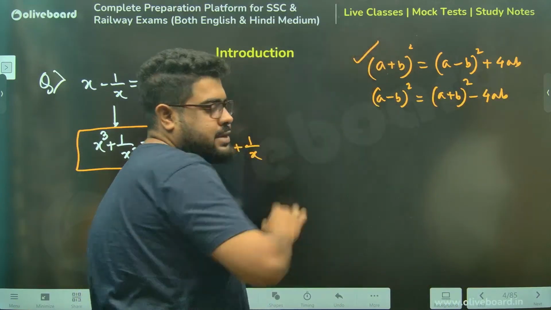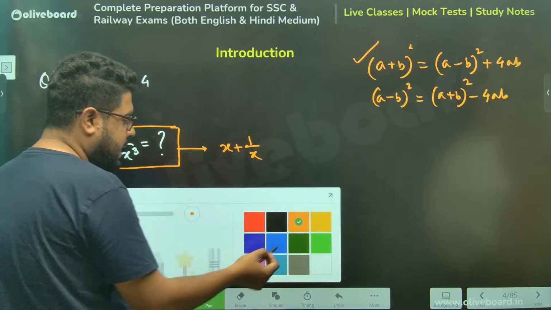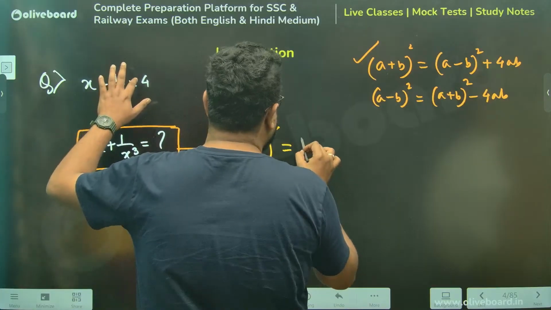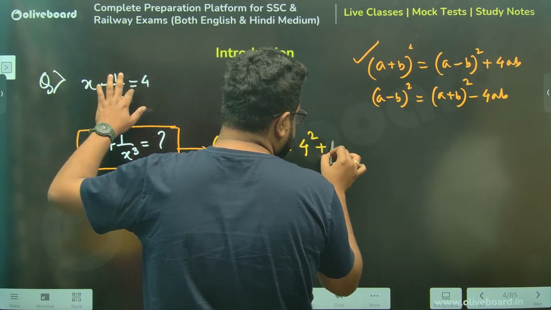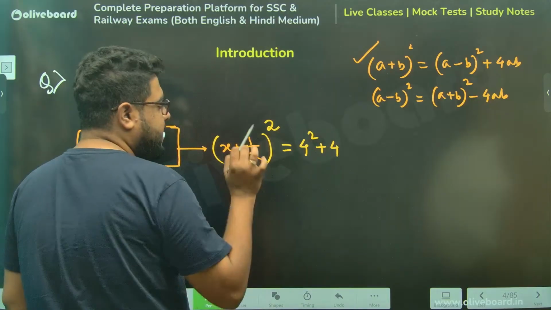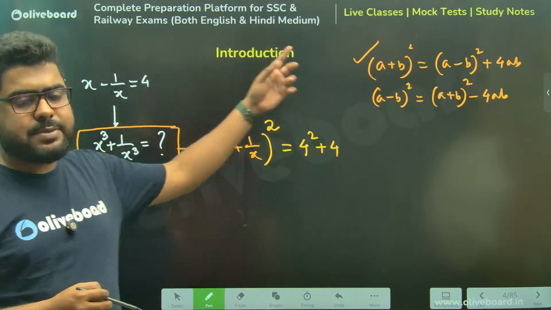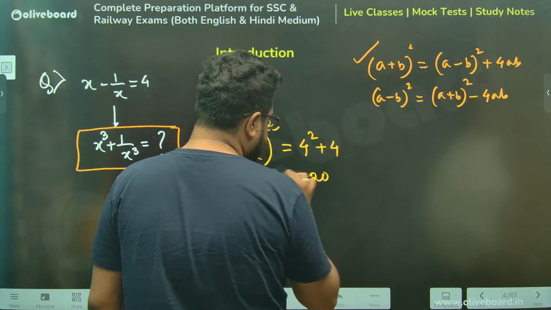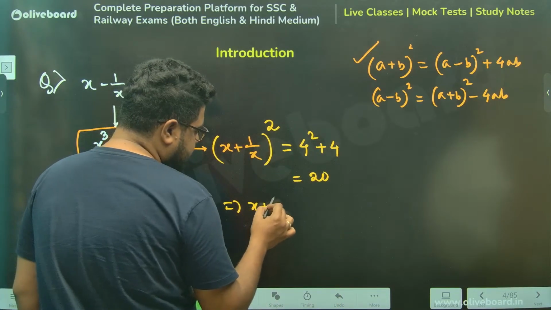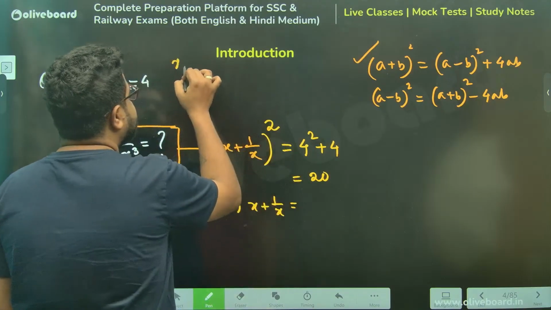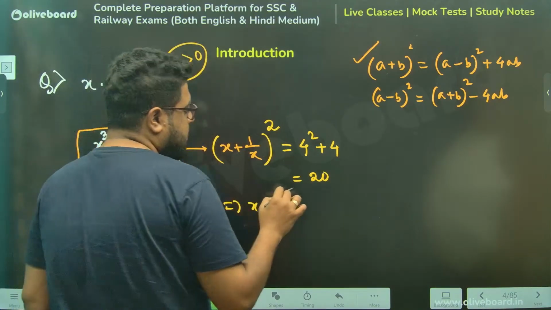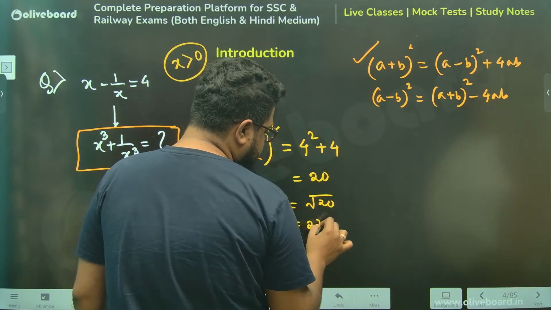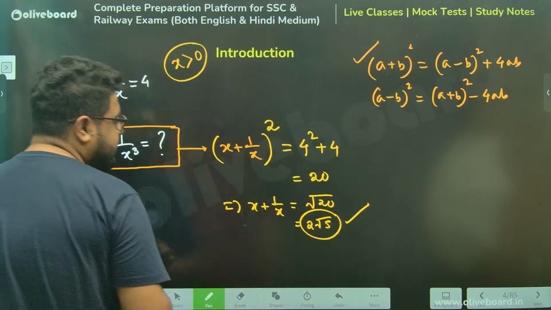I'll use the first one here: a plus b whole square is a minus b whole square plus 4ab. So this will become 16 plus 4, which is 20. So x plus 1 by x, taking x greater than 0, I'm not taking minus, will be only plus root 20. 4 into 5, meaning this is 2 root 5. This is the value of x plus 1 by x.